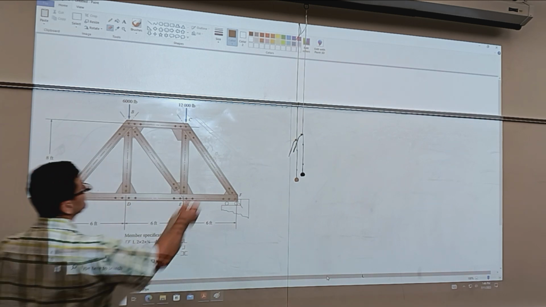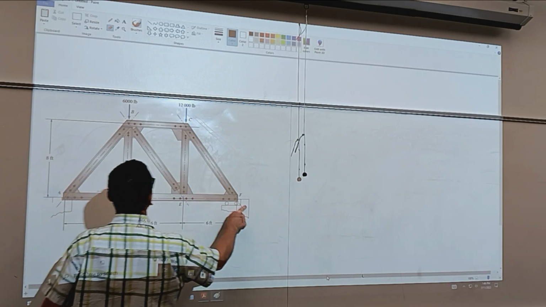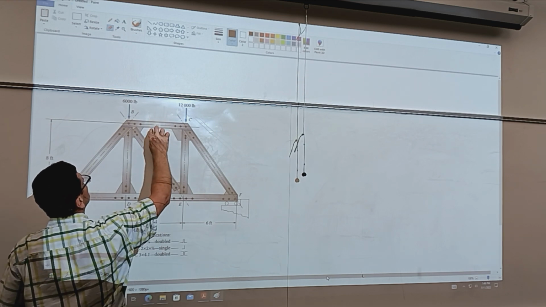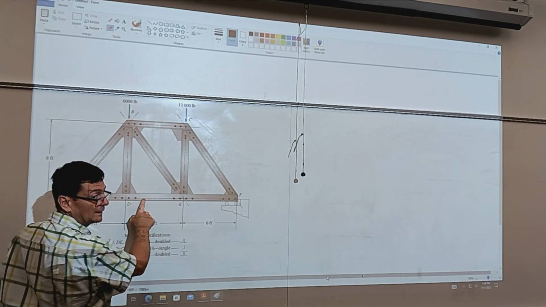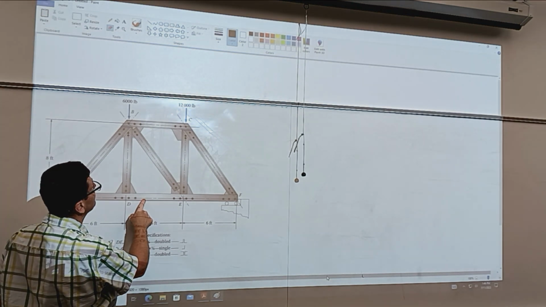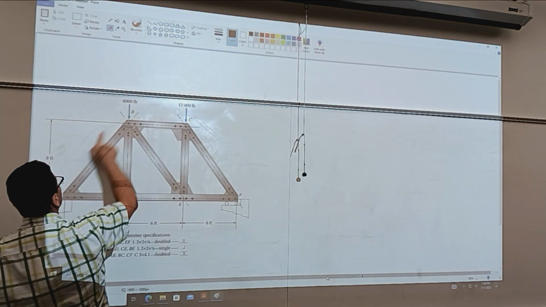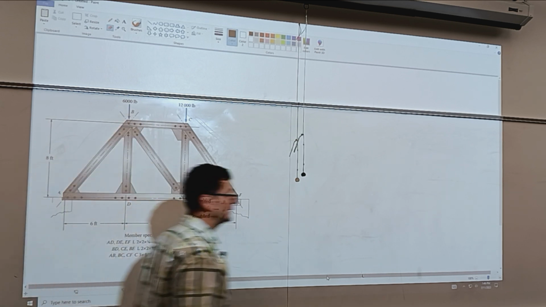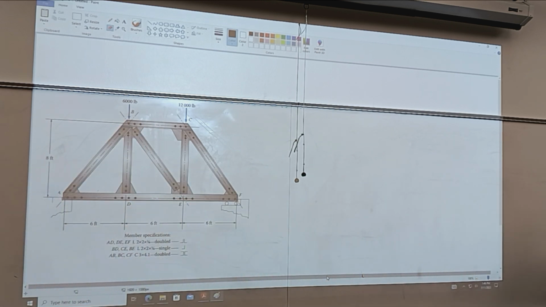I mean, if we do a section here, we do the method of sections. We can do a section all the way, and we introduce 1, 2, 3 unknowns, and we can write equilibrium of what's left, or the right side of the frame.